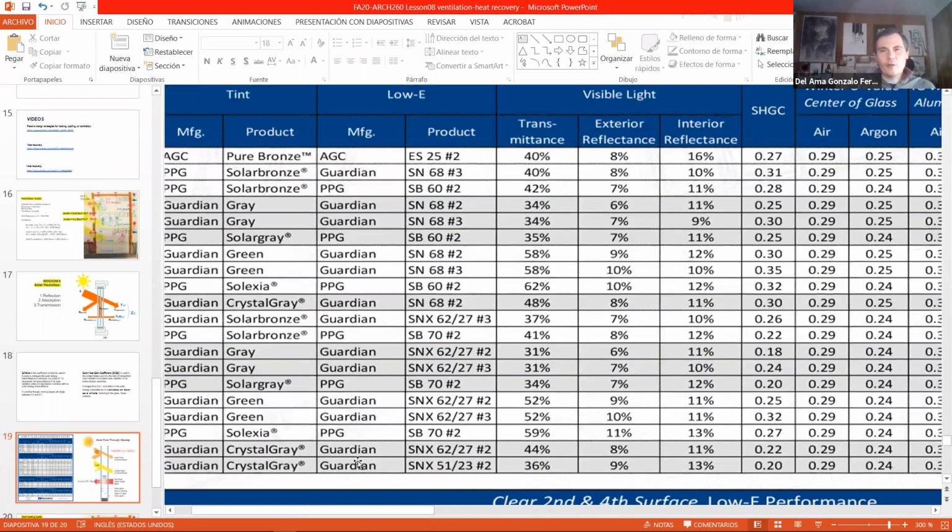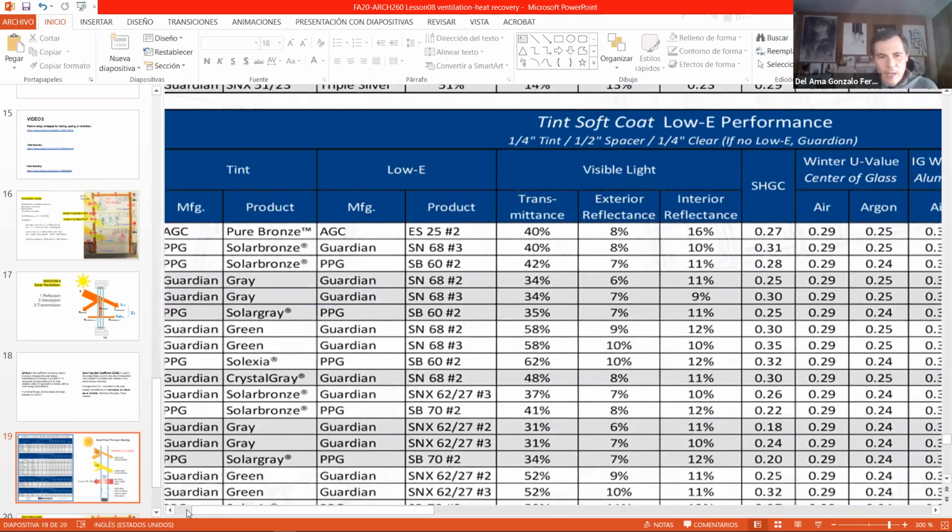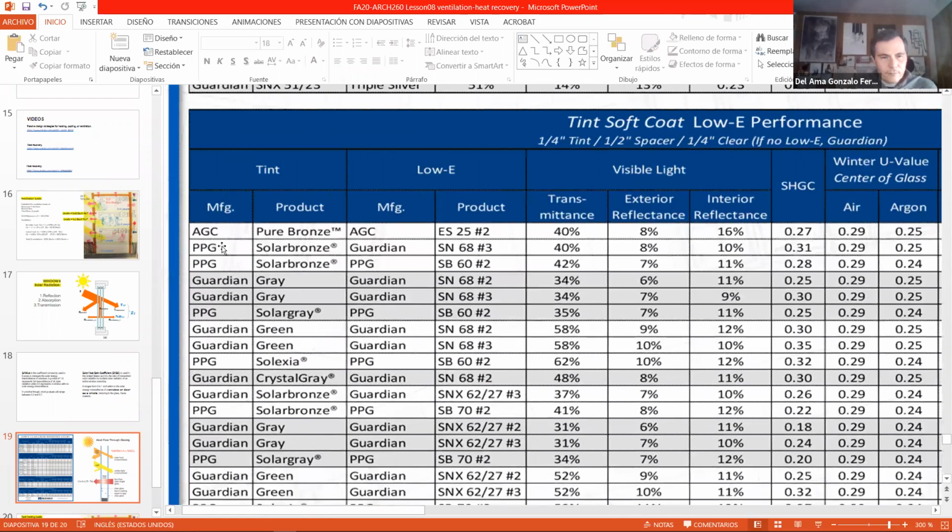You're going to receive this information. Here we have the kind of glass, PPG, Guardian, whatever. Those are different brands or different glass manufacturers. Here you have the name of the product: crystal gray, solar bronze, gray, green, whatever.